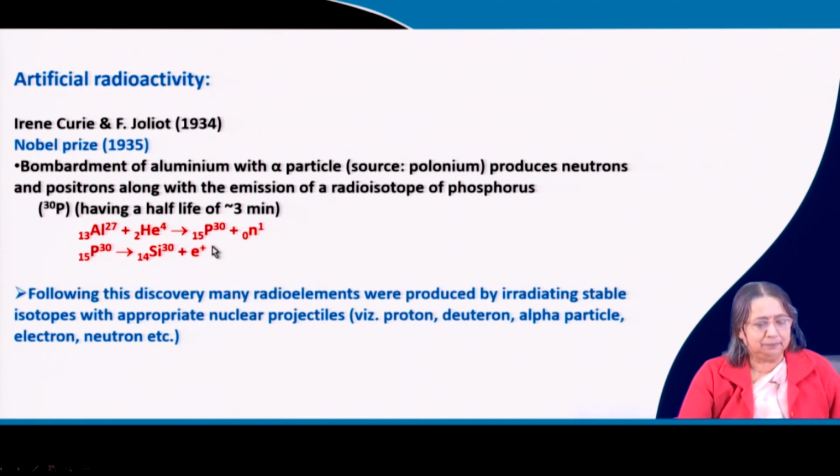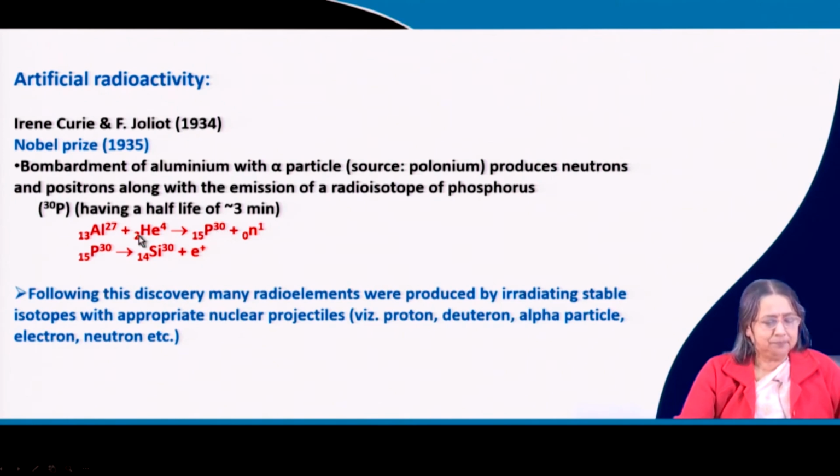There are two steps, and this has a half life of only 3 minutes, a transient existence. If you look at phosphorus 30, 15, the natural isotope of phosphorus is 31, 15, but here it is the radioisotope, 30.